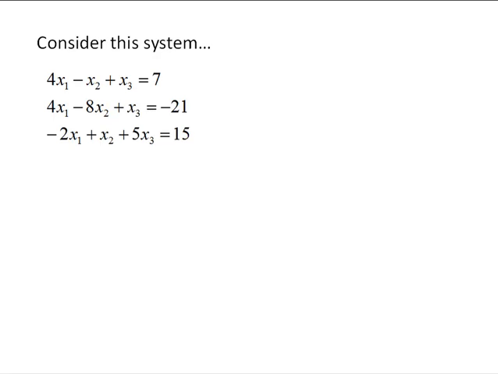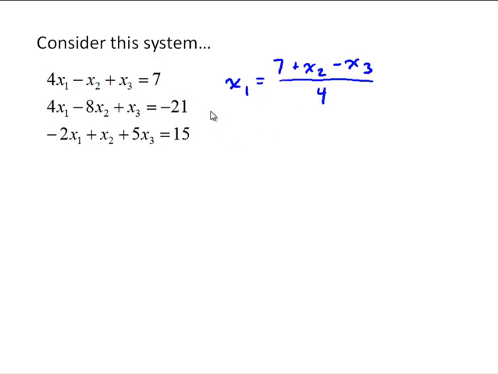And we can set up an iteration scheme as follows. We can take the first equation and solve that for x1. So we get x1 is equal to (7 plus x2 minus x3) over 4.